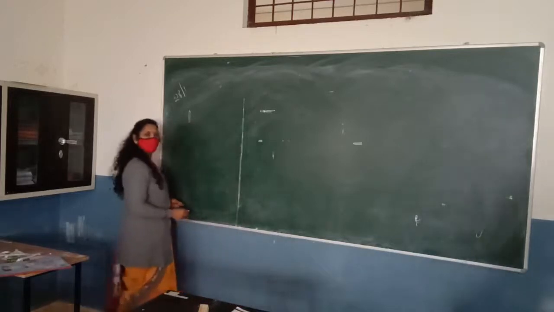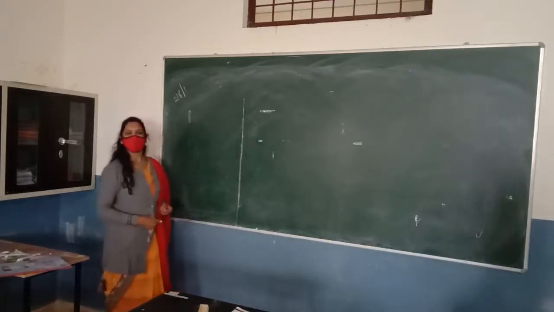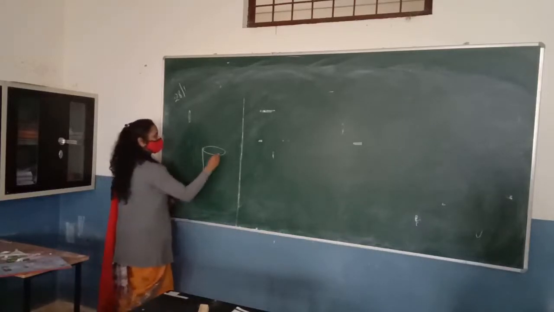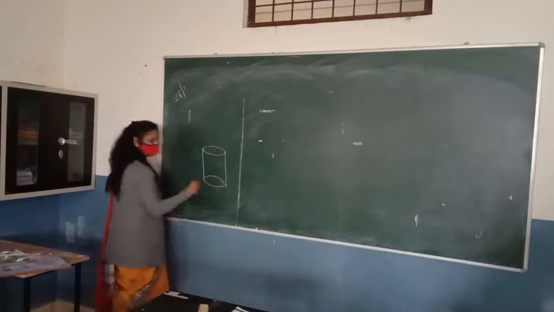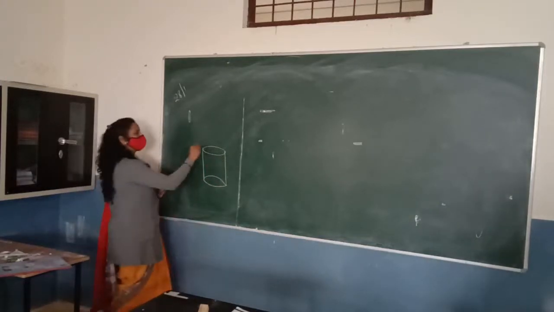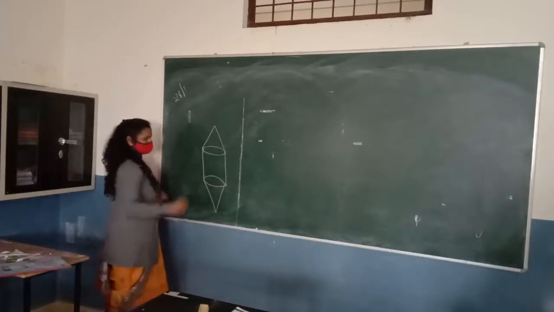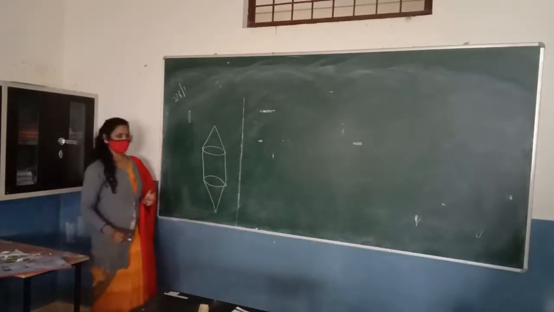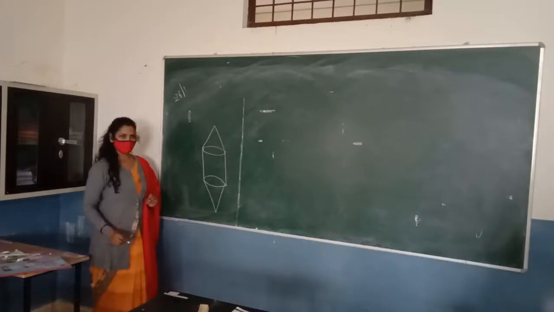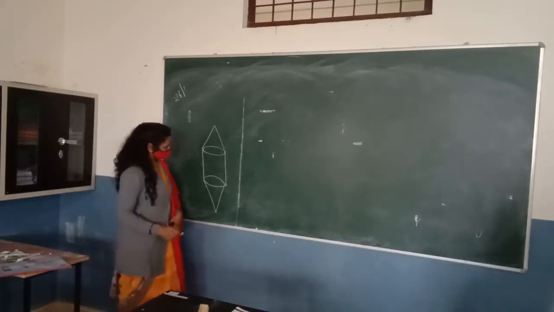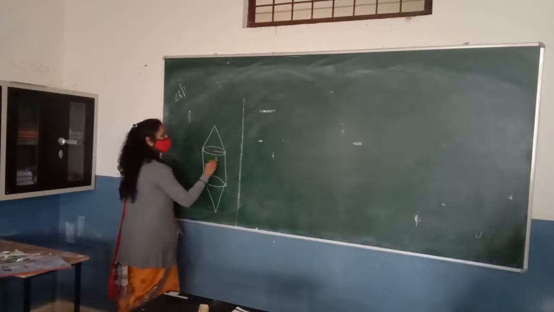Rachel, an engineering student, was asked to make a model shaped like a cylinder with two cones attached at its two ends. So this is a cylindrical figure having two cones on both ends, using a thin aluminium sheet. The diameter of the model is 3 cm and its length is 12 cm.